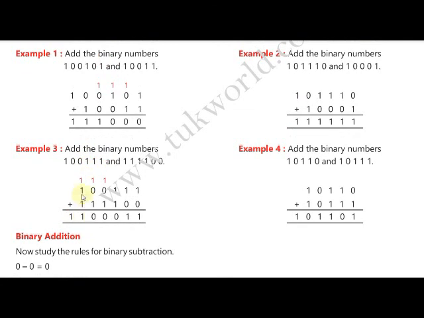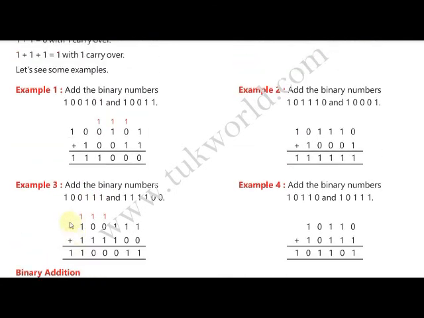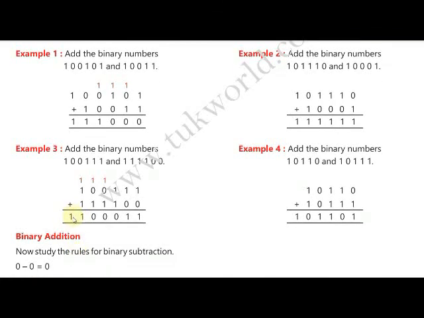It's 1, and we have to carry 1 to the next digit. Okay, there is no next digit, so we have to write this number as it is in front of the last one. Okay, so this is the addition of the given binary digits, and this is the newly generated binary number.